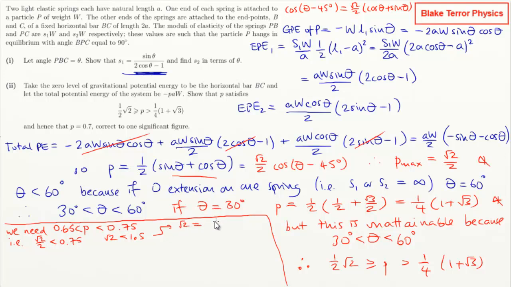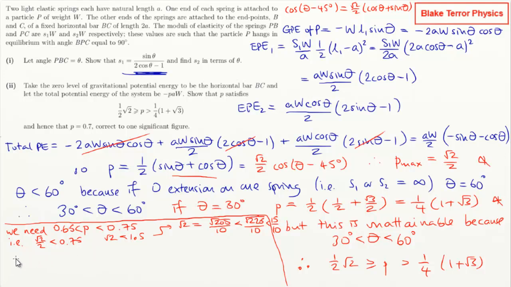Root 2 is equal to root 200 divided by 10, because that's just multiplying top and bottom by 10. And root 200 divided by 10 is less than root 225 divided by 10, 225 being 15 squared. So it is less than 15 over 10. So that's done that bit.